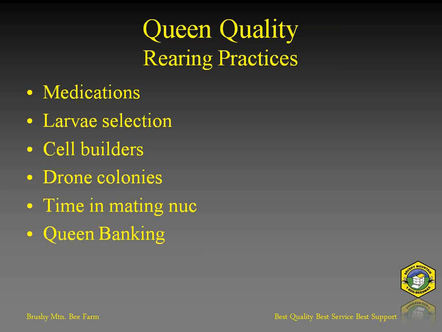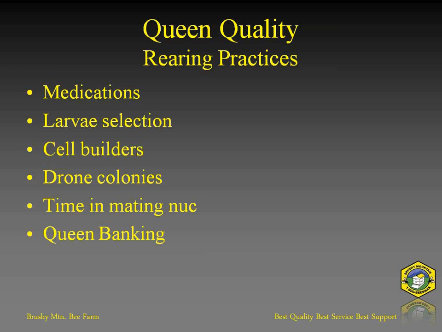The drone colonies in the area. How many drone colonies do they have in the area that when that virgin queen emerges and goes off on a mating flight, is she going to encounter a sufficient number of drones? And will they be a diverse genetic pool as well? There are some breeders out there that may have 100 mating nukes and only one drone colony.